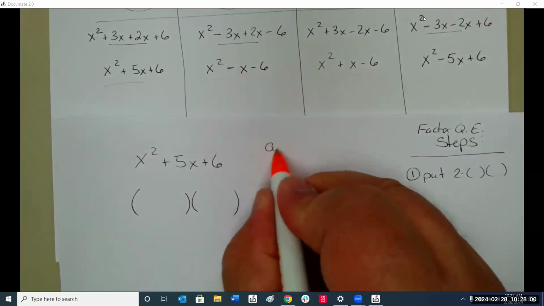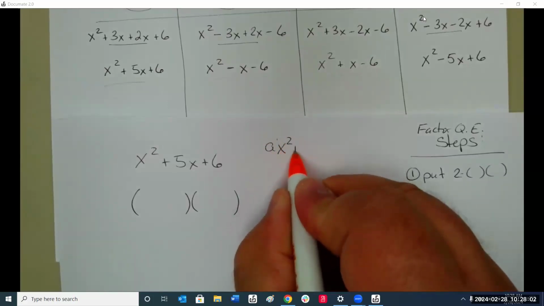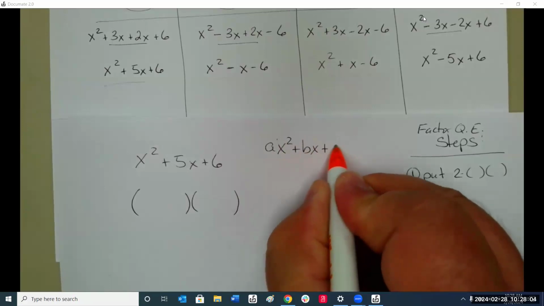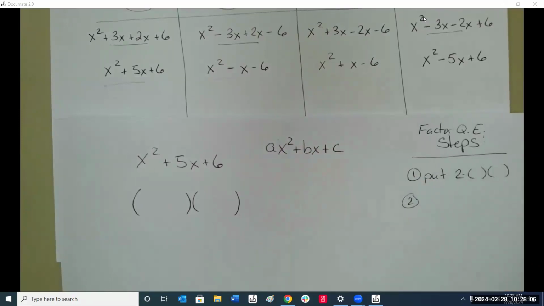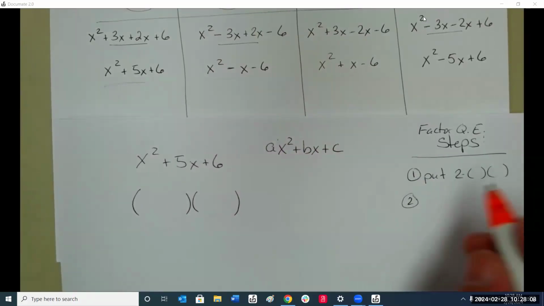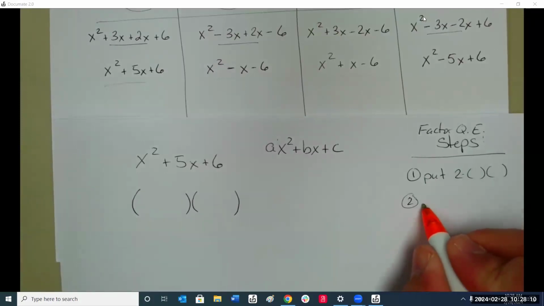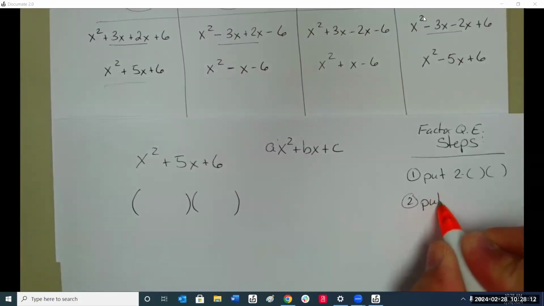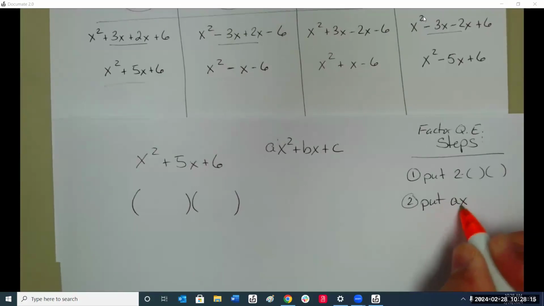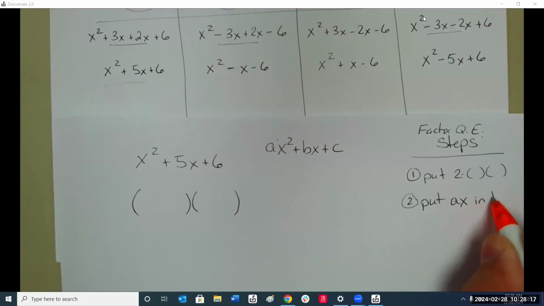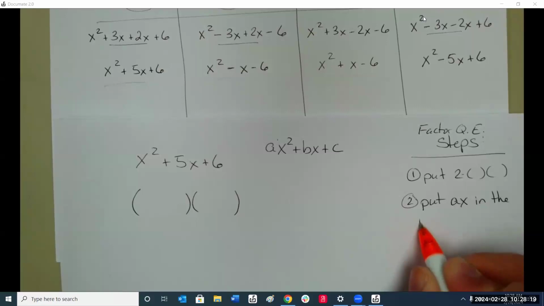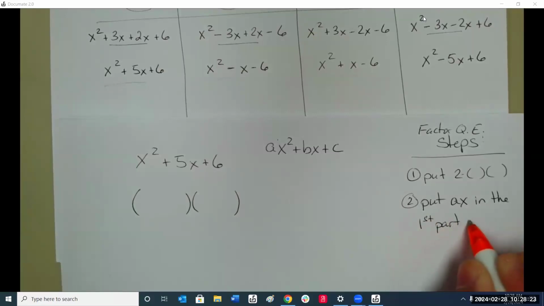And remember, it's ax squared plus bx plus c. Put ax in the first part of both parentheses.